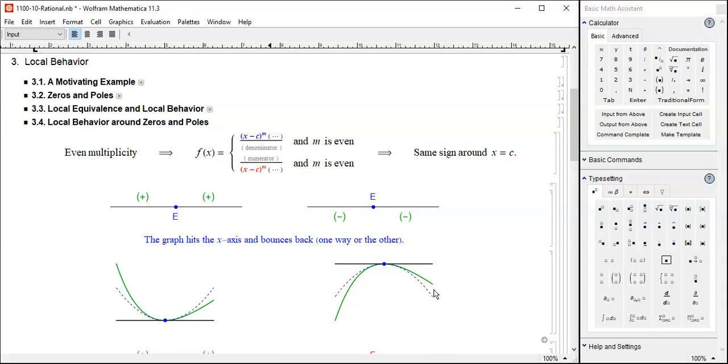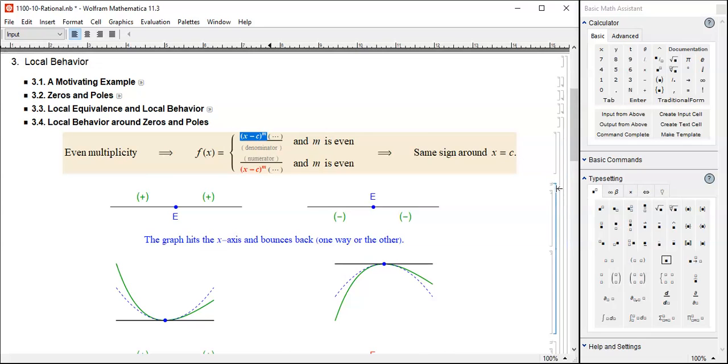Plus stays as plus, minus stays as minus. That's because the same behavior is going to be observed from the power function that shares the same local behavior, and that's going to be x minus c to the m power times some constant. M is even, we're going to get something like this.